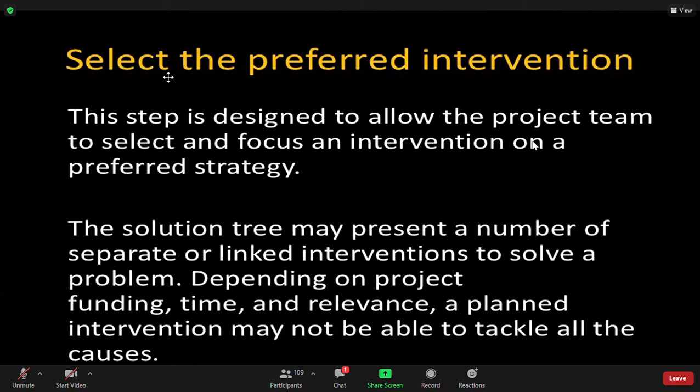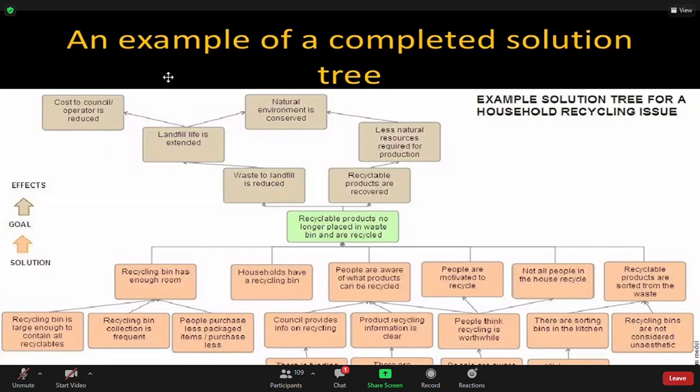Go back. Another one. There was a problem. That one is a solution tree. Okay, next. What do you hear?